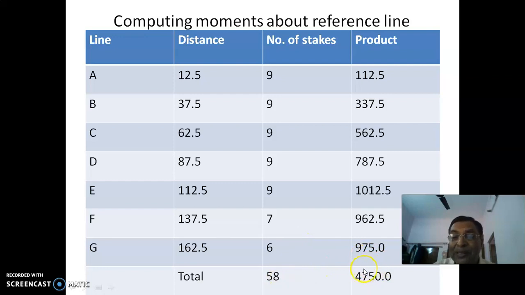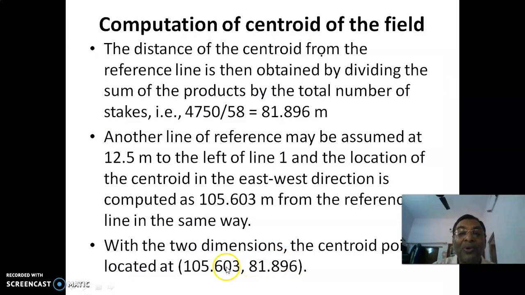This product divided by this total number of stakes will give you the distance from the reference line where the centroid is passing. That line only it will give you.